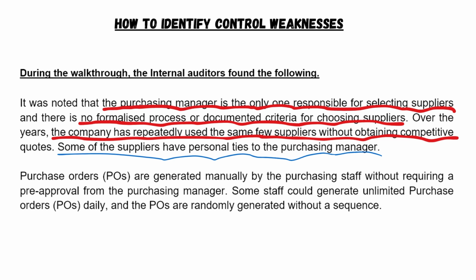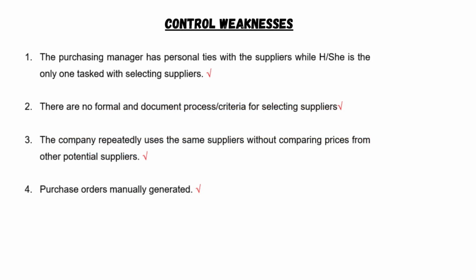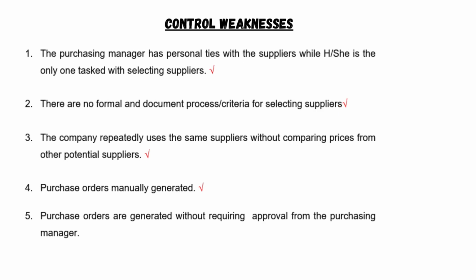There is an issue in the system of internal control. The first issue is that purchase orders are generated manually. That's a weakness on its own, because if we generate purchase orders manually, we are bound to make errors. We are bound to not be able to track purchase orders. So that on its own is opening up a gap for a risk.